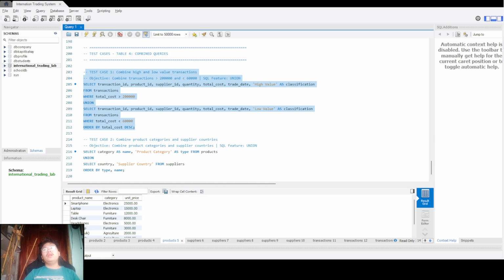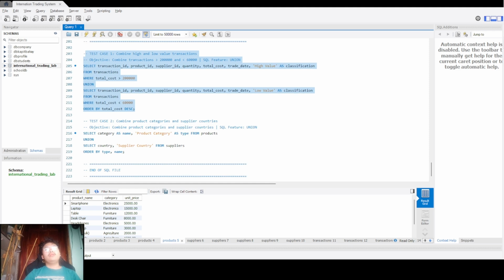The high value and low value labels are new columns added to show the classification. UNION puts these two results together into one list. Then the result of this test case shows all high value and low value transactions together, sorted from highest to lowest cost. This helps identify which transactions are important and which are small.